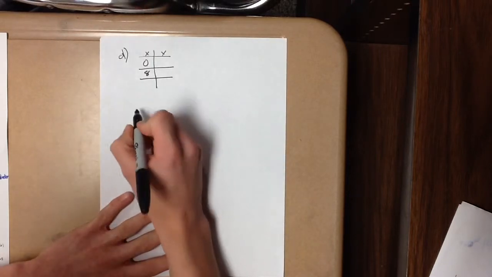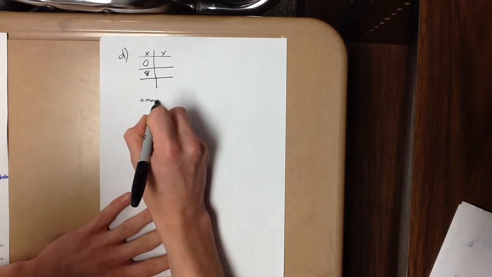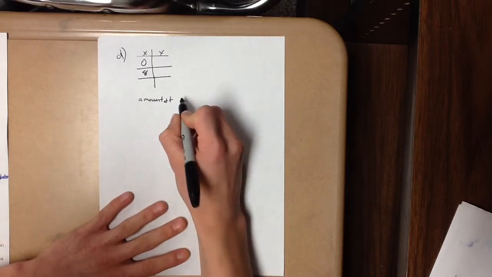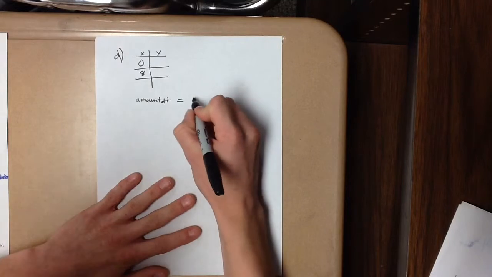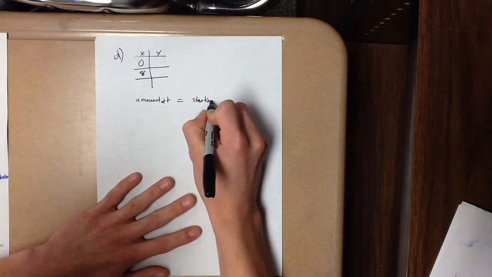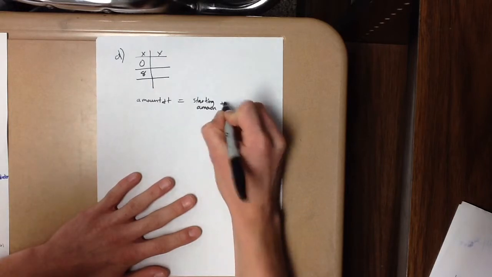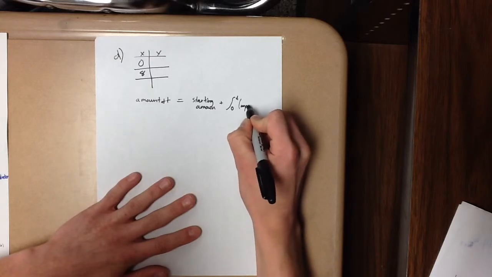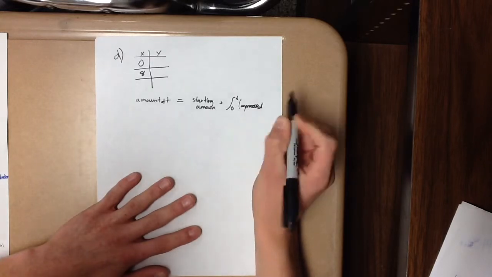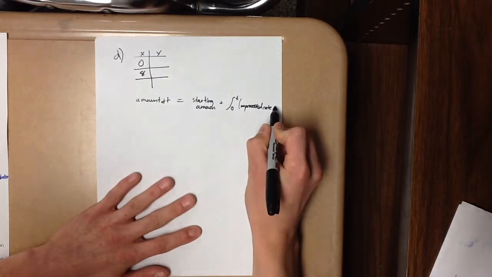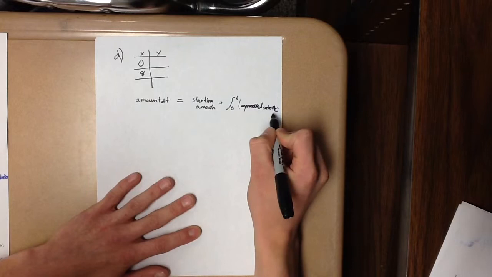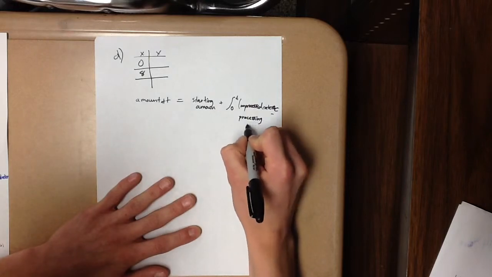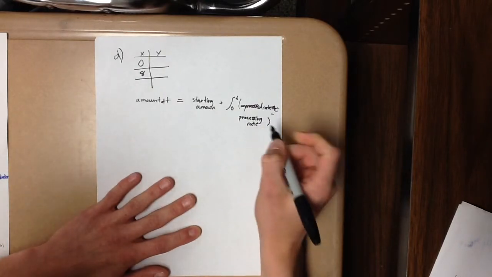And the derivative, you do this by taking the amount. You need to find the amount at time t, and the starting amount, plus the integral from 0 to t of the unprocessed rate plus or minus the processing rate with respect to x.